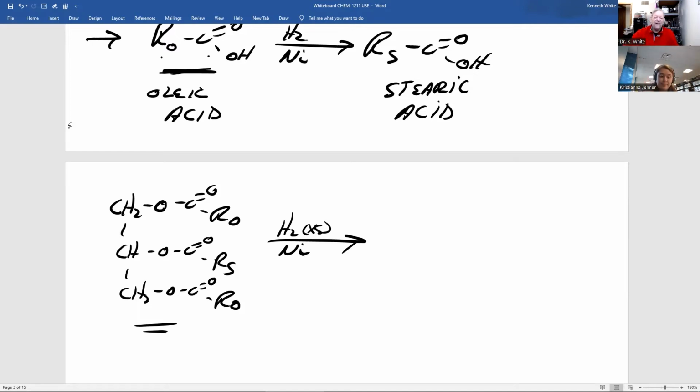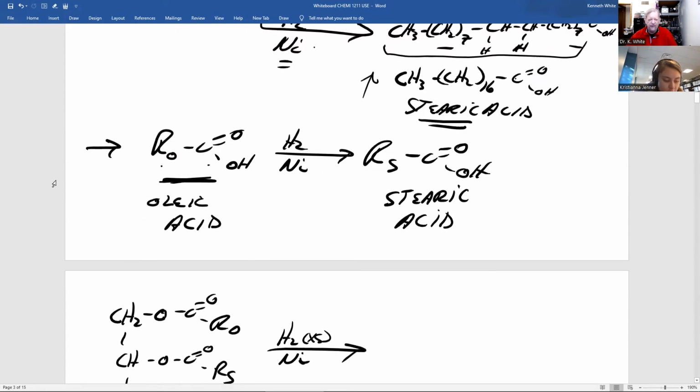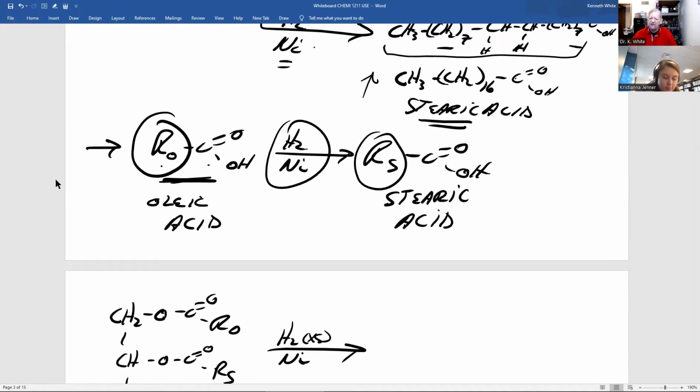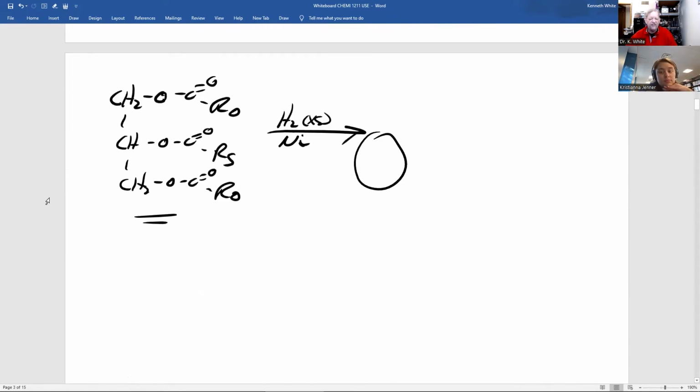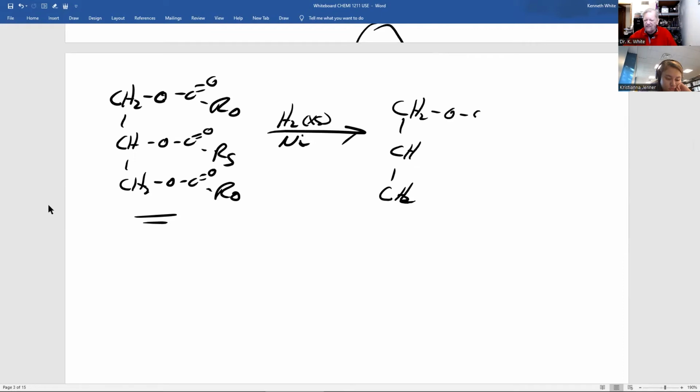All right. So what do we do here? Well, if you look at this up above, we learned R sub O, when you hydrogenate it, becomes R sub S. Now, will an ester react with hydrogen and catalyst? No. So, do you break carbon-carbon single bonds? No. So I'll have this ester.